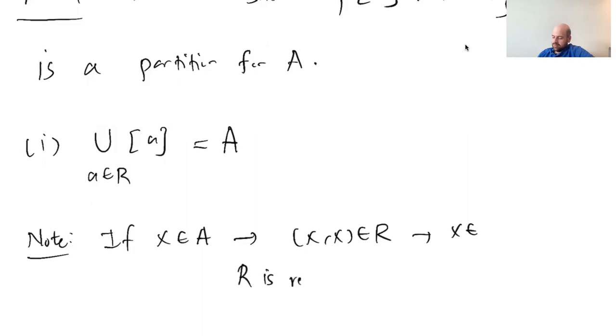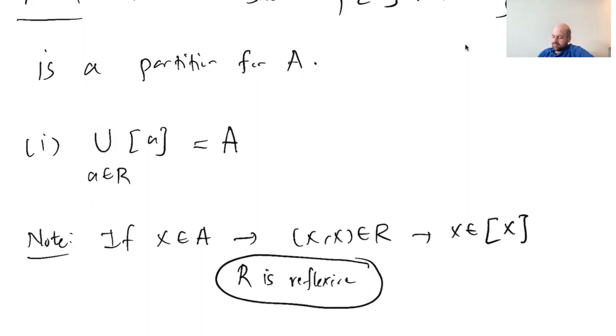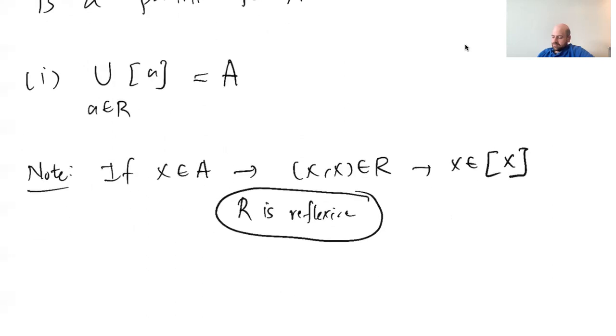So we can say x belongs to the equivalence class of x itself. So that means x belongs to the union of all equivalence classes.